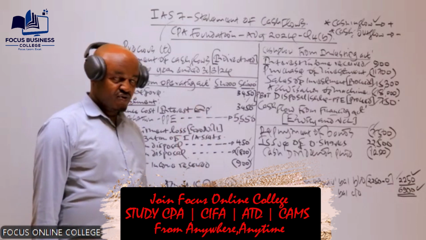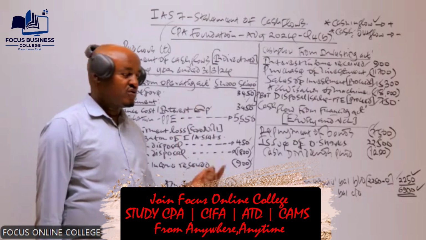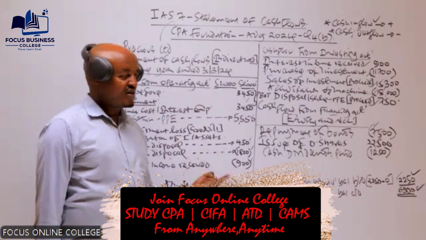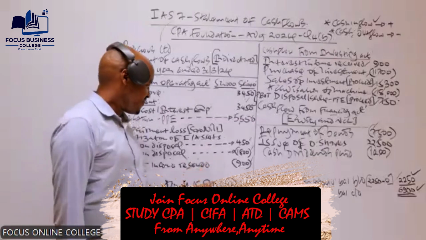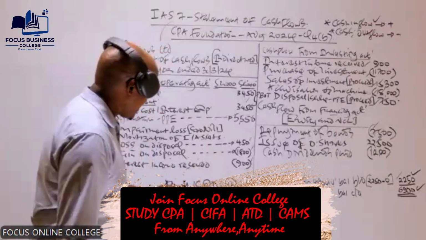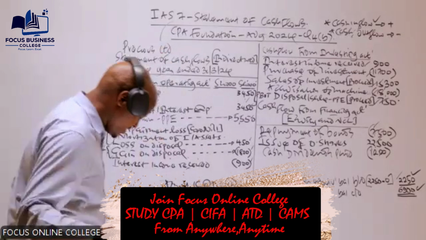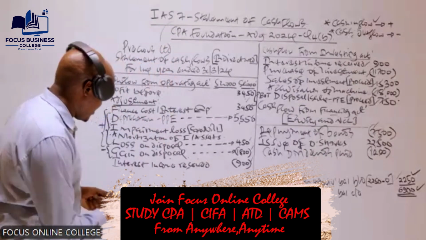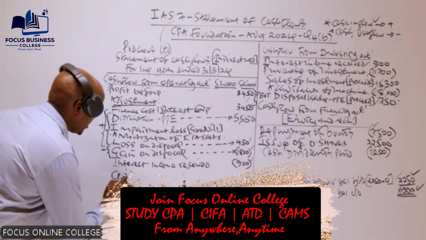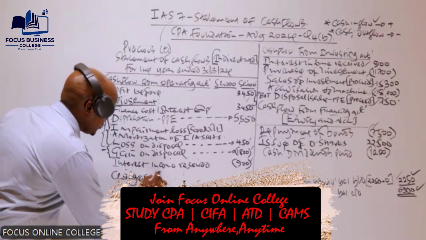Other than knowing the approach, number 2, you should know how to harvest the low-hanging fruits, how to get the free marks. There are other free marks here you should always get, in relation to the changes in working capital.